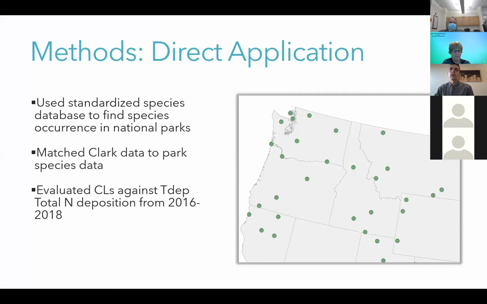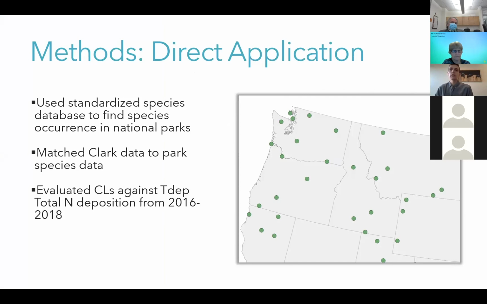So for the direct application of the critical loads, we used a standardized species database, NPSpecies, that Emmy mentioned, which tells you whether or not a species occurs in a national park. So we don't know the specific location of that species, like a plot, but we know whether or not it occurs in a park.